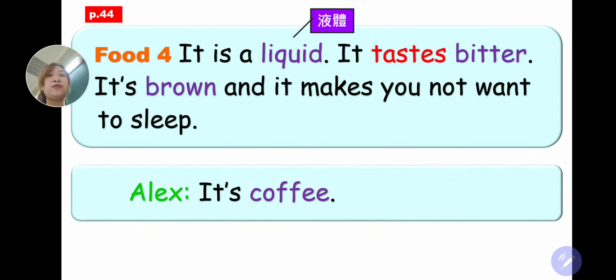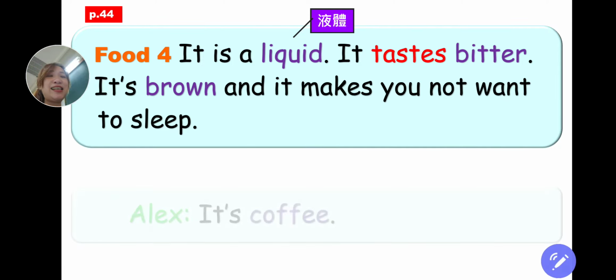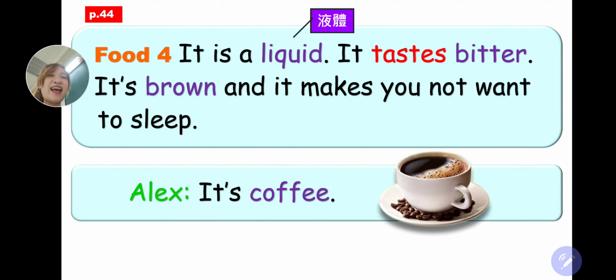Liquid, 这是液体哦。Sorry, 被你们猜到了。它是一个液体，就是液态的。It tastes bitter. 还记得 bitter 是苦苦的。It's brown, 它是咖啡色。And it makes you not want to sleep. 它会让你没办法睡觉，那是什么呢？Yes, it's coffee.